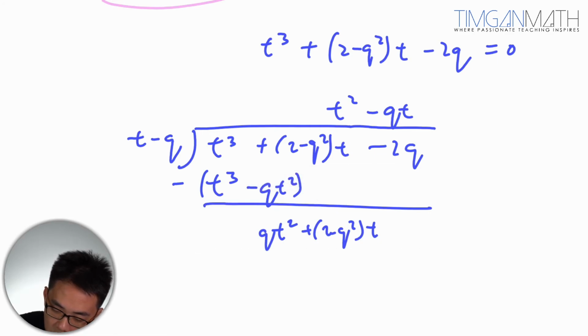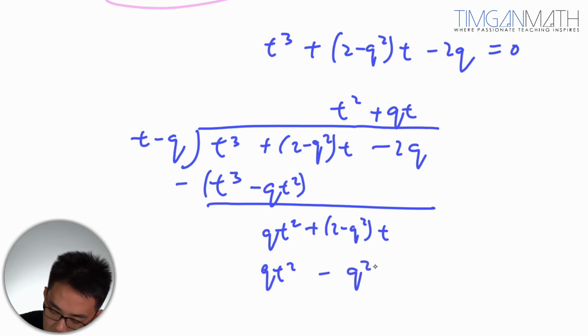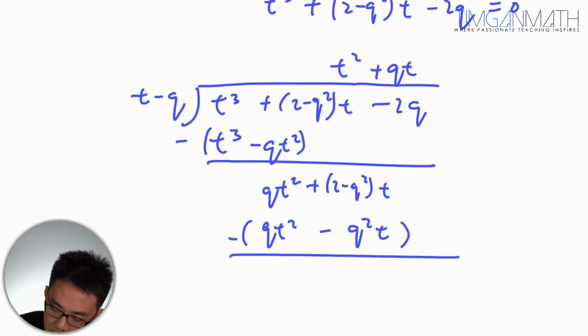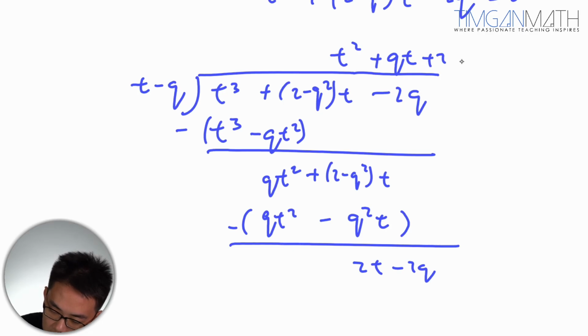Normal long division will do. Obviously, you could use the juggling method as well, but I'm just going to do what people usually do. So plus qt², this is qt² minus q²t. 2 minus minus is 0, so 2t − 2q plus 2.